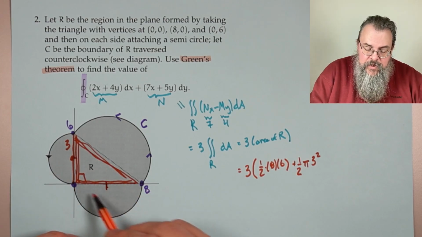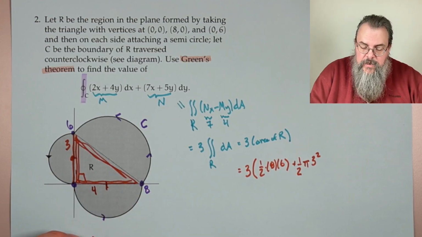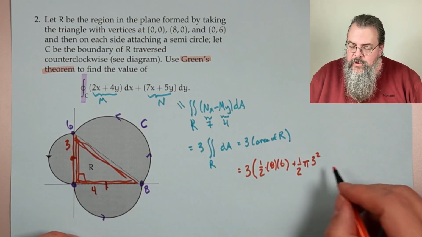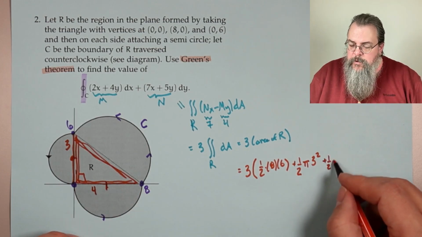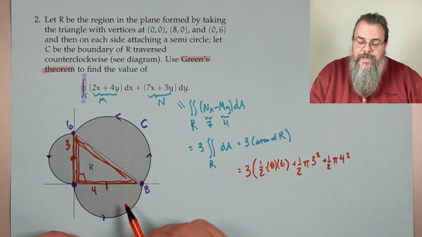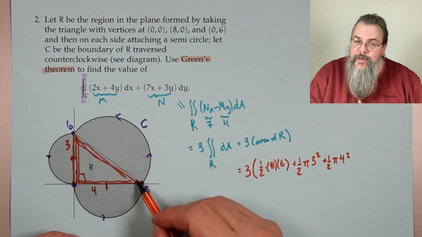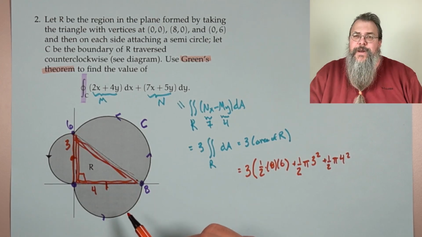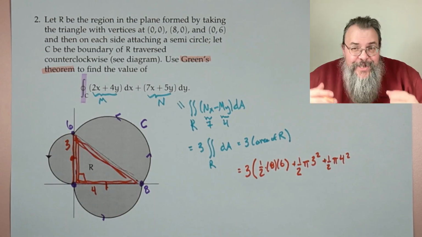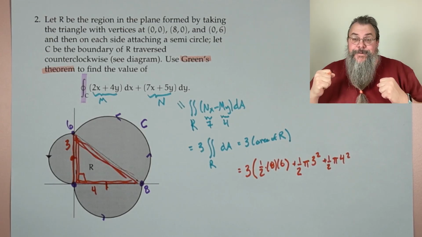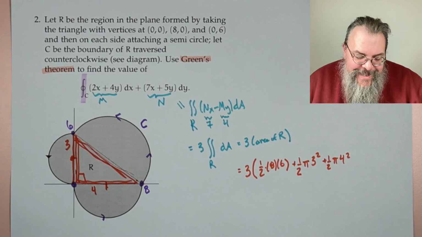Downstairs, this length here is 4, right? It's half of length 8. Again, it's half a circle, so it's 1/2 pi 4 squared. That's the bottom circle. Well, what about this length? These numbers might be suspicious, right? When you see right triangles and you start seeing 3 and 4, you're like, oh, could it be a 5? And it is a 5.